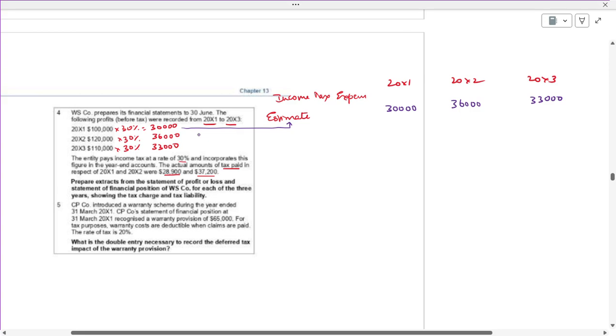Now, what do we have to do? They have not done anything in 2000. It is 2001 and 2002.